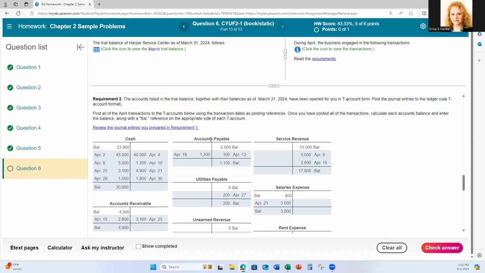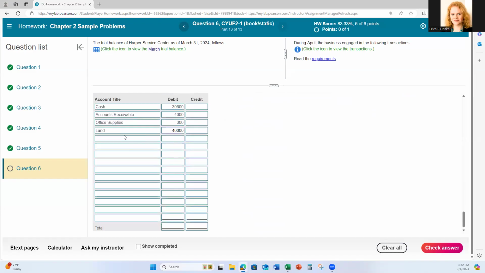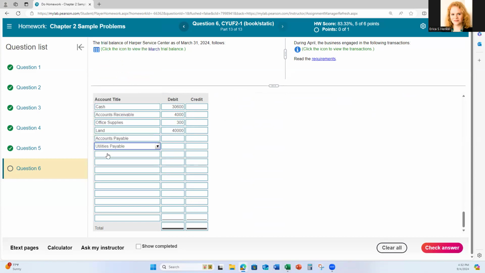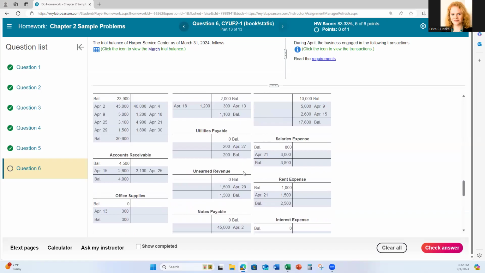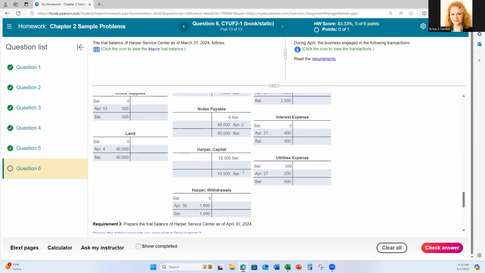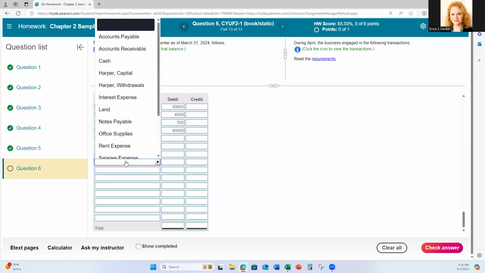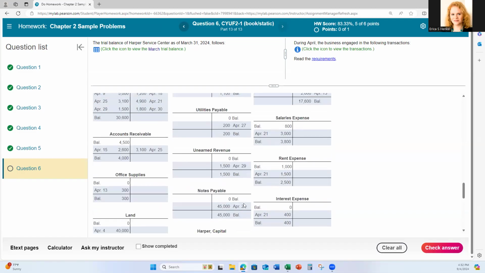So next we have liabilities, accounts payable, utilities payable, unearned revenue. And then we've got notes payable, Harper Capital, Harper withdrawals. All right, so let's get those. Let's see.